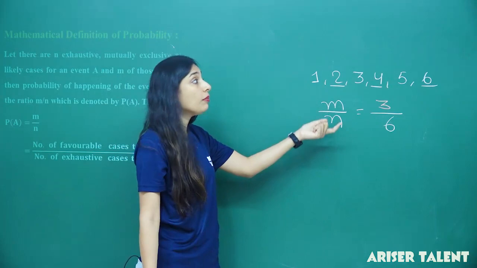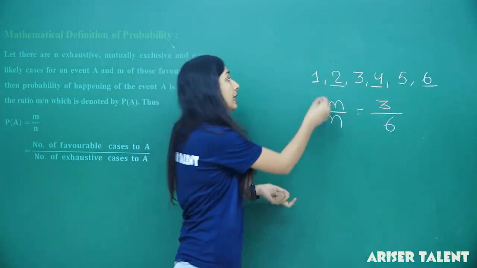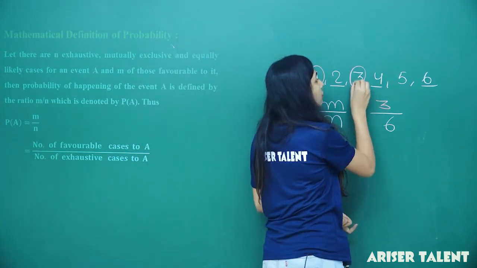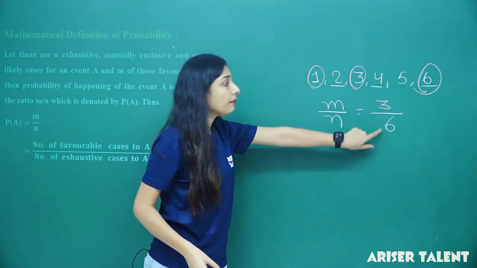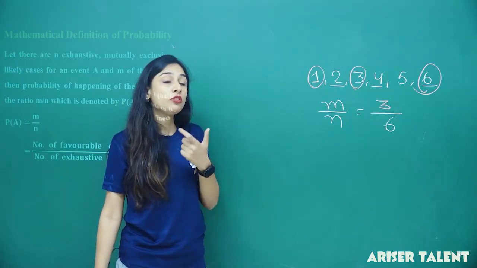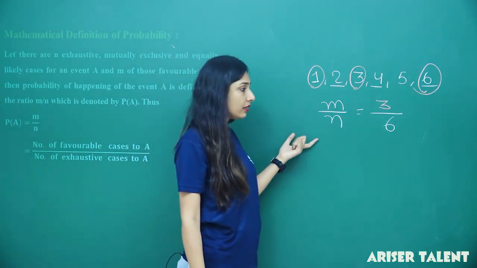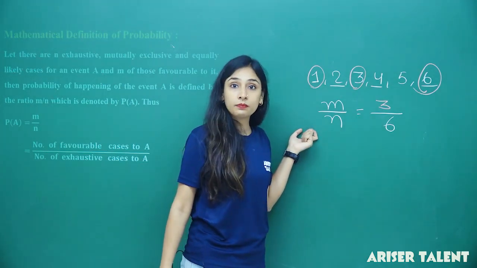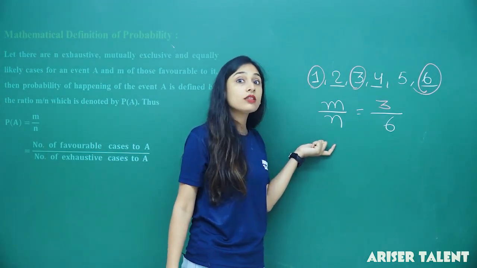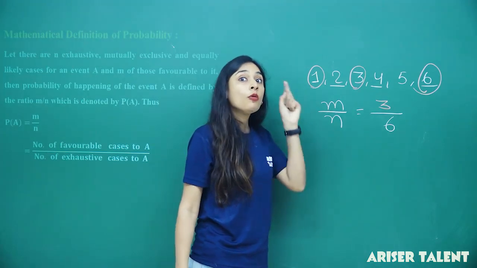And if I'm talking about the odd number to happen, that is 1, 3 and 5, so again that will be 3 by 6.